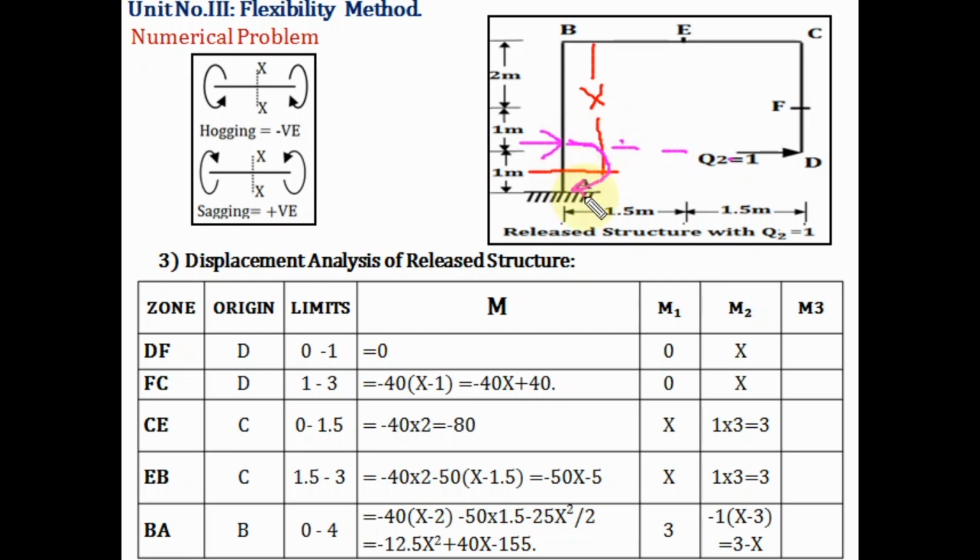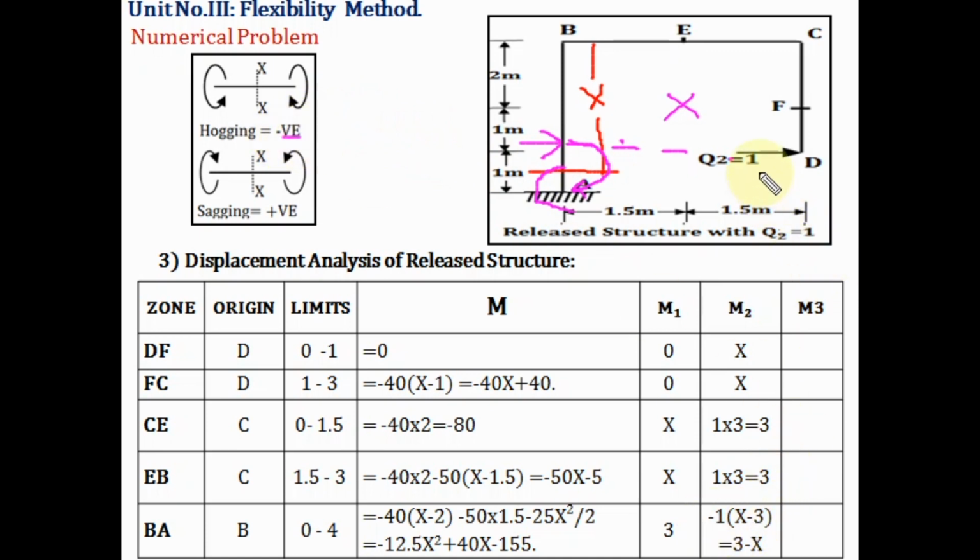So here the nature of bending moment will be hogging. We are standing inside the frame, and this force is in this line. So the nature of bending moment will be hogging, minus. So here we have taken minus.